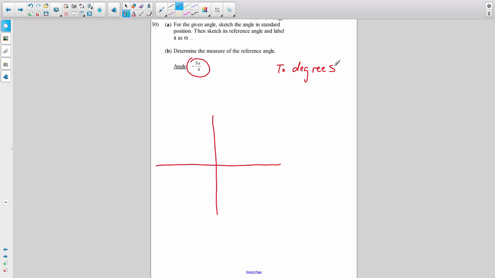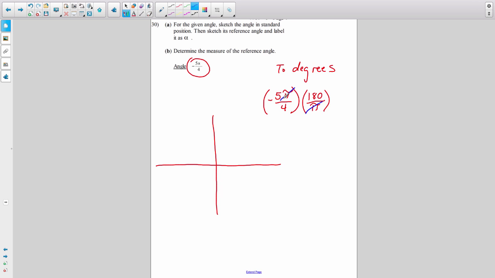So to degrees, let's see. That means degrees on top. That's what we multiply by. So negative 5 pi over 4 times 180 over pi. This is nice because the pi's cancel. Beautiful.